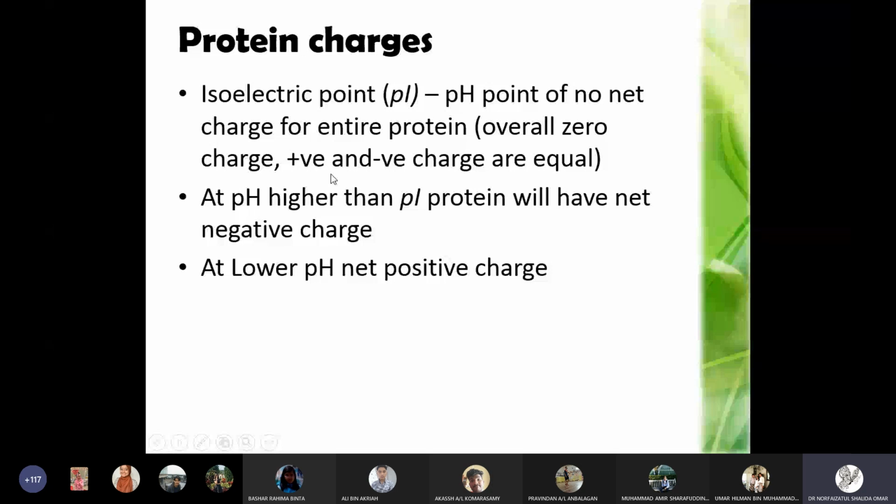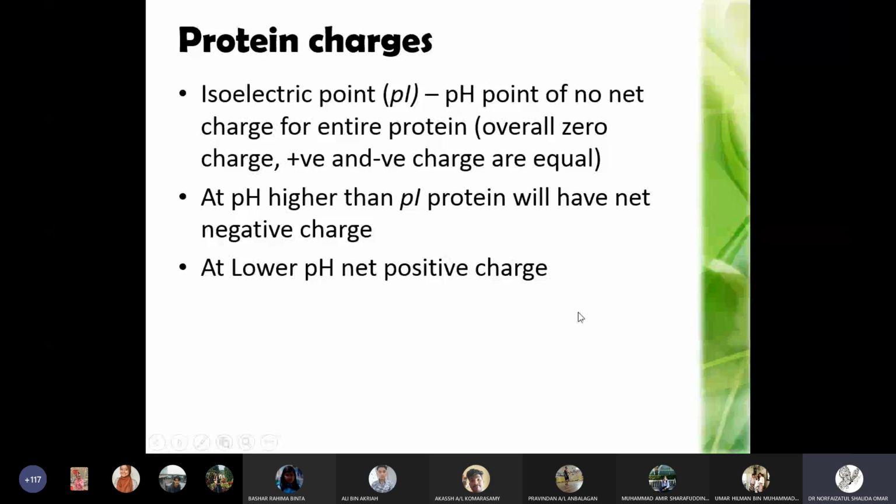For a protein or an amino acid, it has both positive and negative charge, but at the isoelectric pH the overall charge is zero, meaning the negative and the positive are equal, so they cancel each other. But at a pH higher or lower than its isoelectric point, it will exhibit a positive or negative charge. This I will also explain.